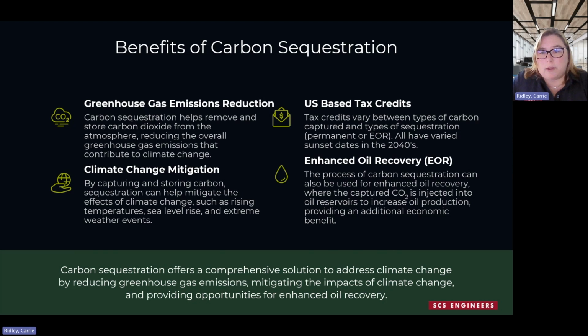Enhanced oil recovery will also help sequester some volume of CO2, even as it brings new material to the surface. This will be needed as oil and gas companies begin to work through the expected energy transition as they go away from fossil fuels.